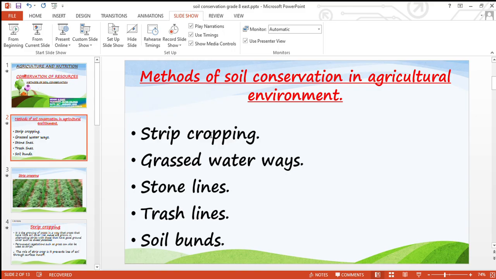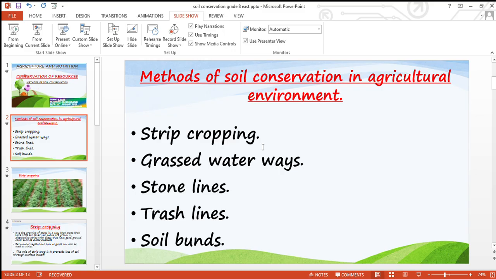Can someone tell me what is strip cropping? Because we learned it yesterday. Raise up your hand and share with me. Yes, Titus? It's the planting of crops along the contour.